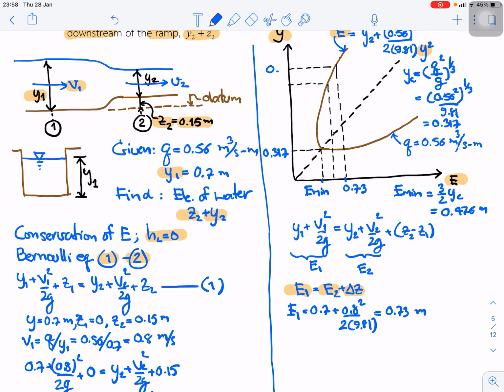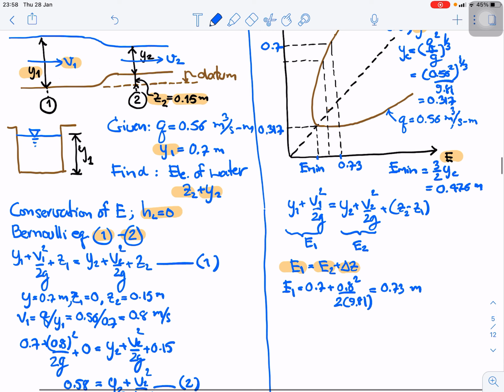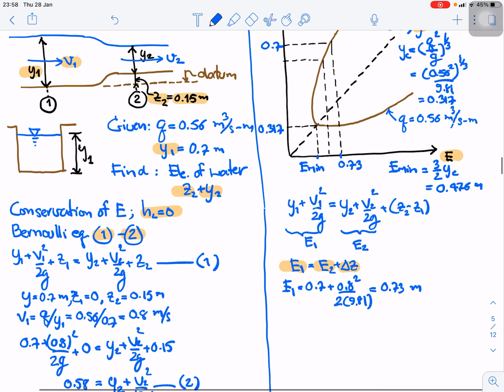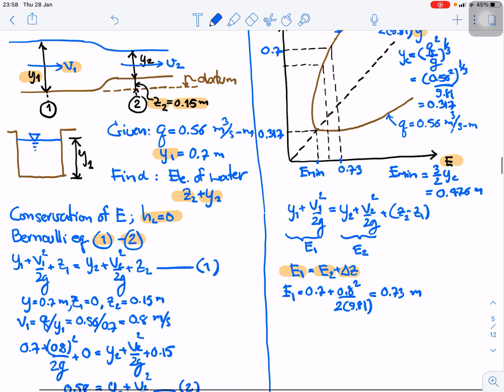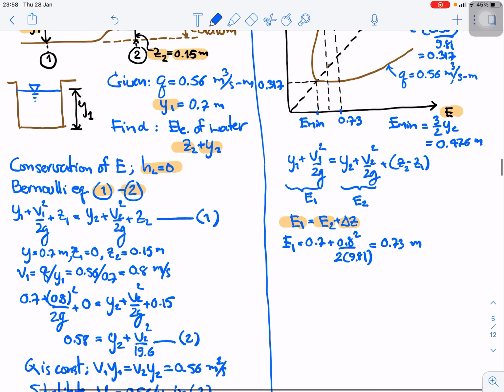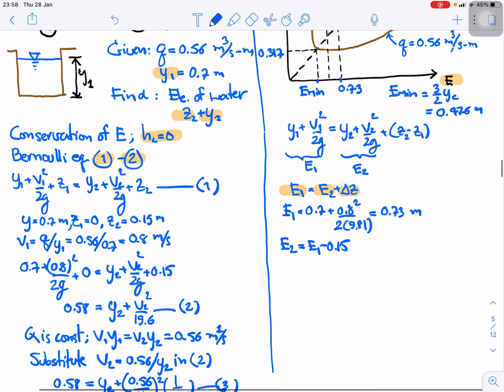And from this we can read that for E equal to 0.73, the depth is 0.37, and for E equal to 0.73, the depth is 0.7. Okay, and we can estimate E2, which is equal to E1 subtract 0.15.